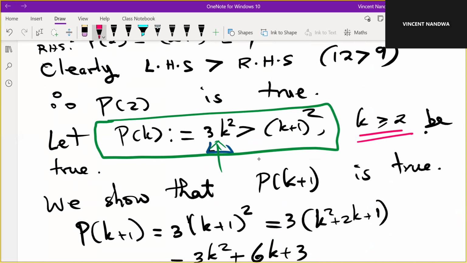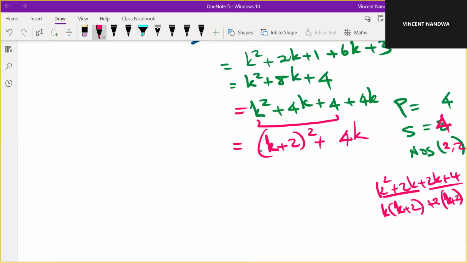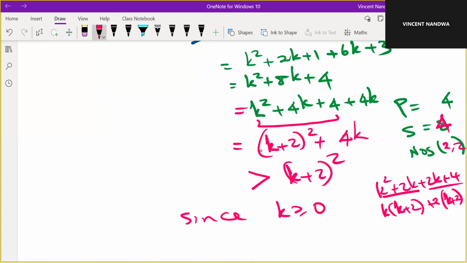So if you have a positive integer greater than or equal to 2, what is the value of 4k? Is it a positive number or a negative number? It's a positive number, okay? So then now we can say that this quantity (k plus 2) squared plus 4k is always greater than (k plus 2) squared, since k is always greater than or equal to 2.